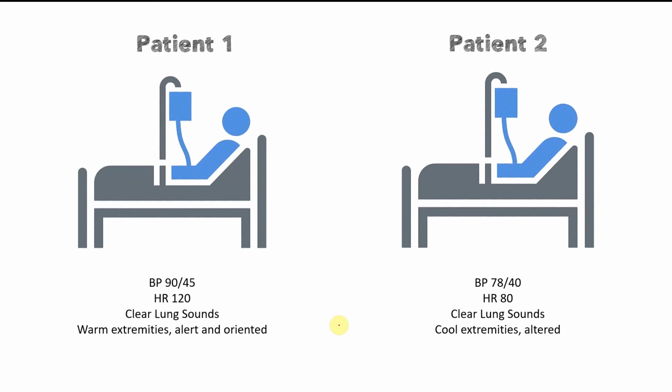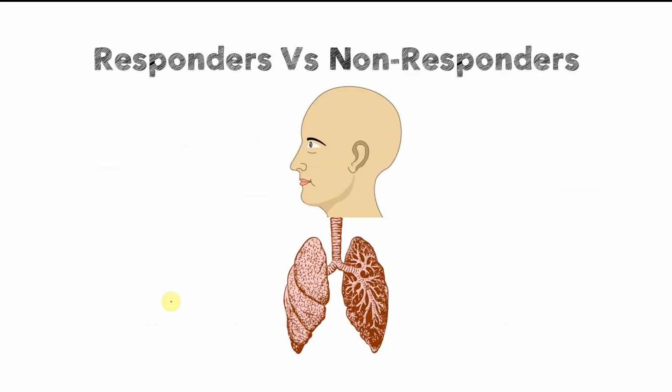So we may still give the 250 ml aliquots of fluid bolus, but we may shorten the intervals, we may give it very rapidly, and if the patient does not respond, we may have a lower threshold to start a vasopressor. One, because they're not responding, but two, their heart rate's a little low, and it seems that they're not mounting a significant compensatory response compared to patient number 1.